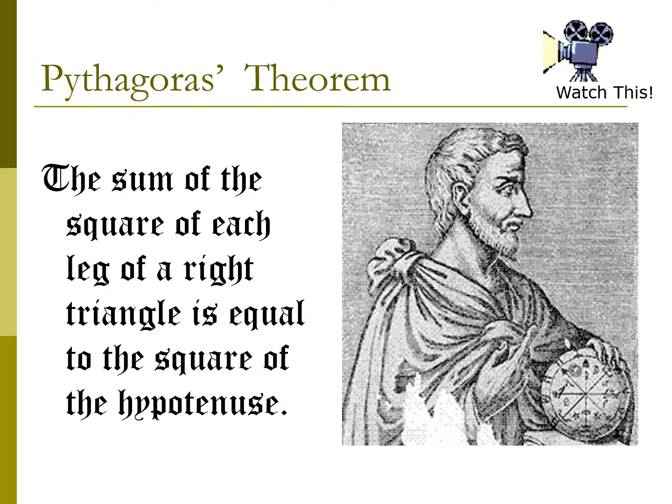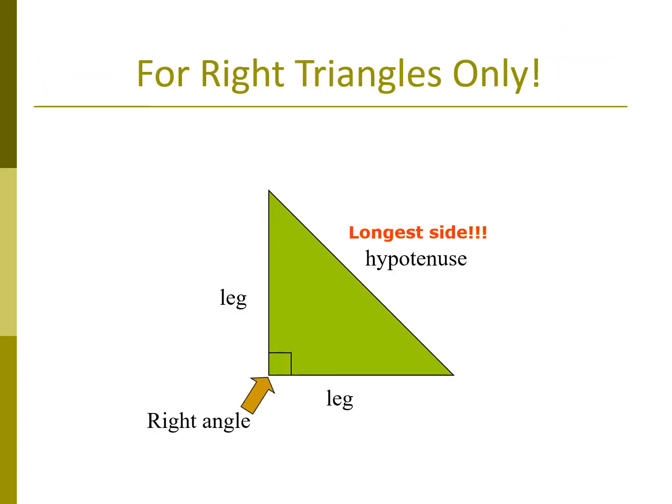So he figured out the sum of the squares, remember square, like little twos, of each leg of a right triangle is equal to the square of the hypotenuse, which sounds like a big mouthful, but you're looking at a right triangle. Pythagorean theorem can be worked and solved normally only with right triangles.